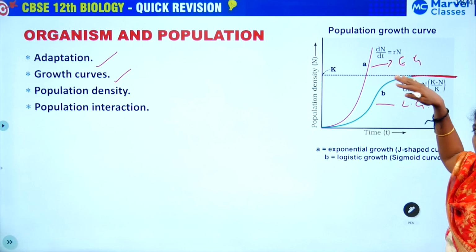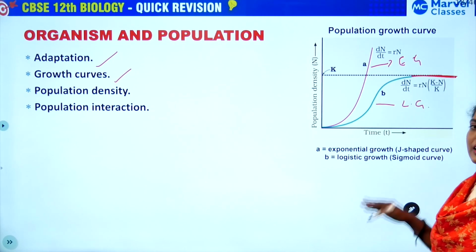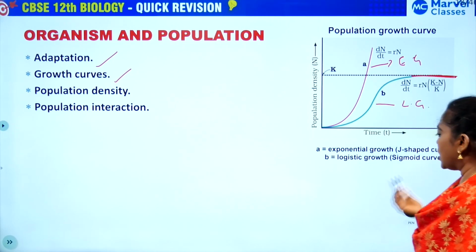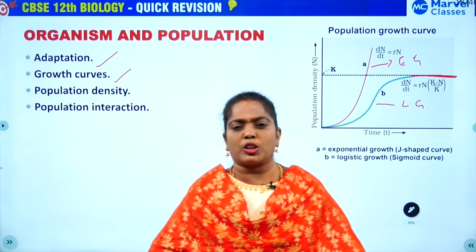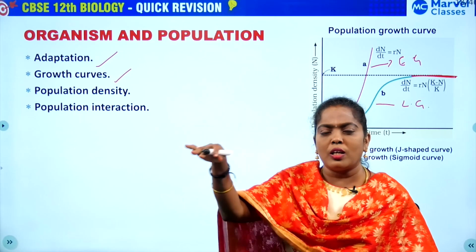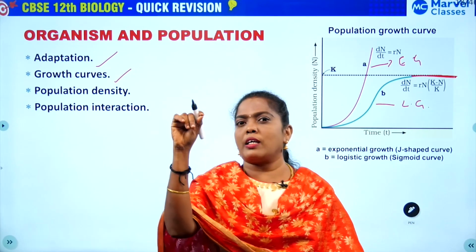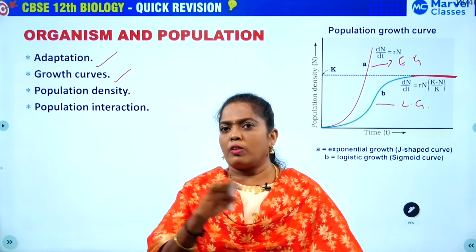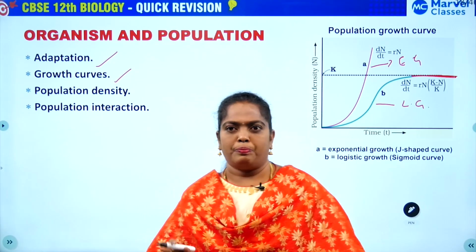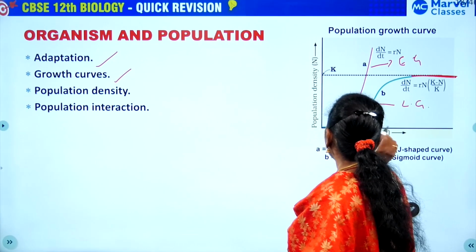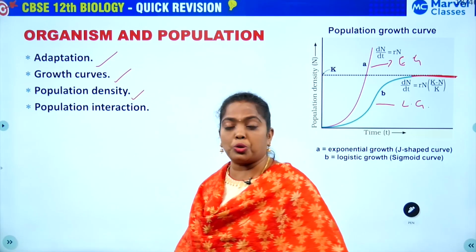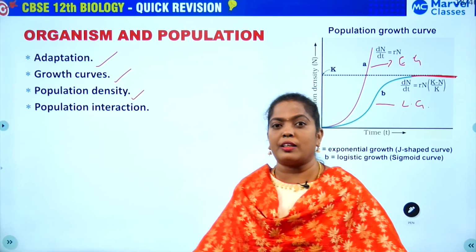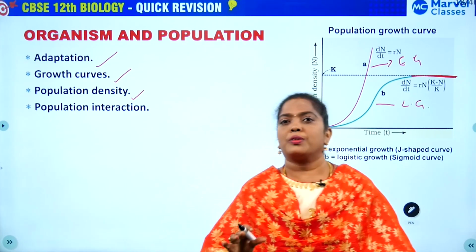There are factors which inhibit the density, such as predators, no food, no shelter. That is the carrying capacity, beyond which growth is not possible. Then for population density, you should learn about natality, mortality, immigration, emigration, and so on.